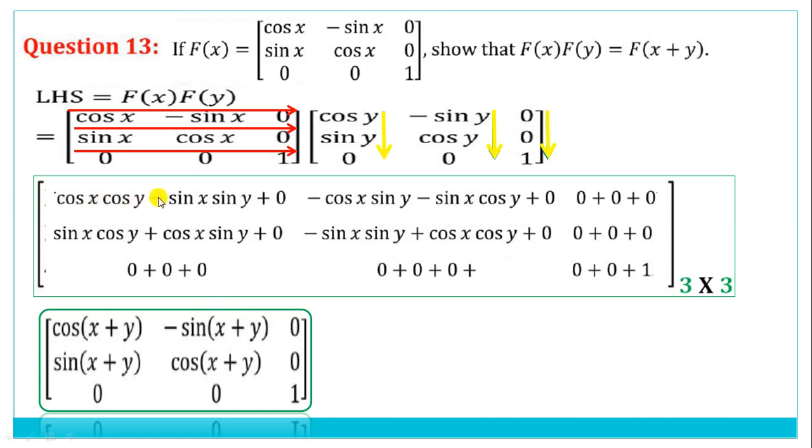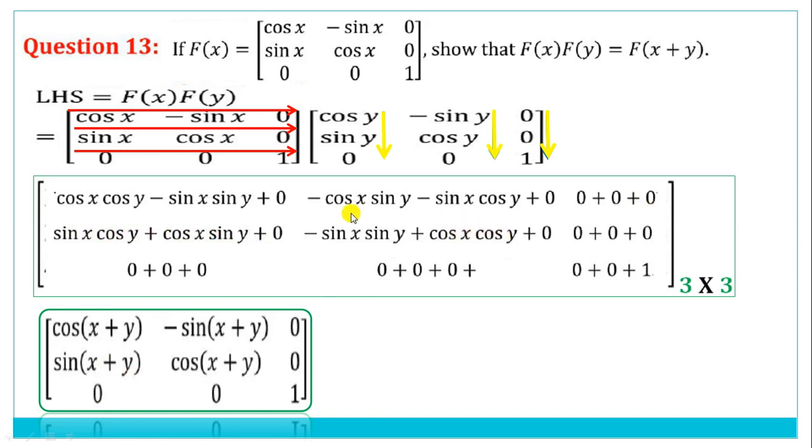Now this is cos A cos B minus sin A sin B. You can easily see the formula. This is the formula for cos(x plus y). If we take the minus common from here, we get sin A cos B plus cos A sin B, and that is the formula for sin(x plus y). This is 0. This again is sin x cos y plus cos x sin y, the formula for sin(x plus y).